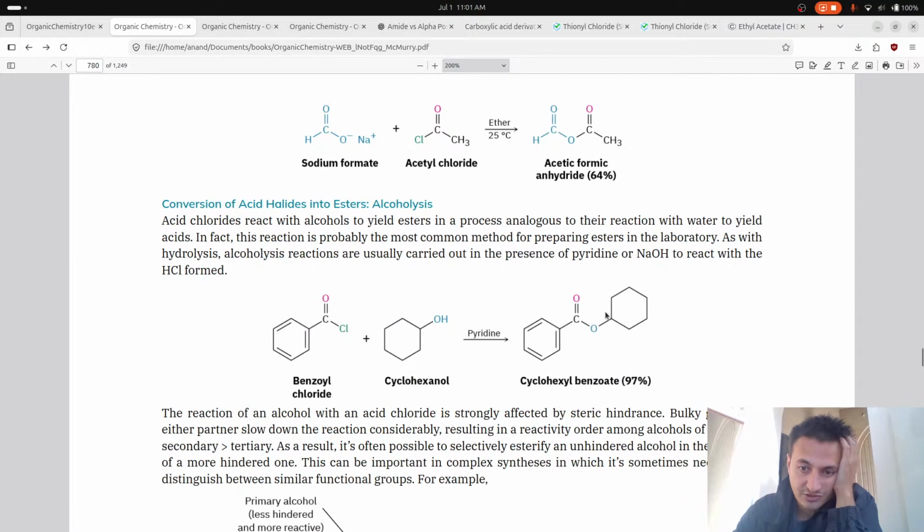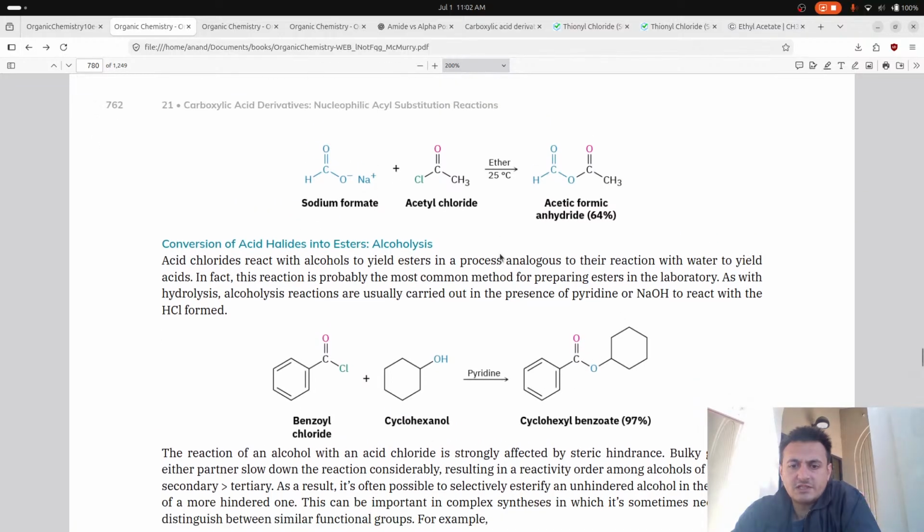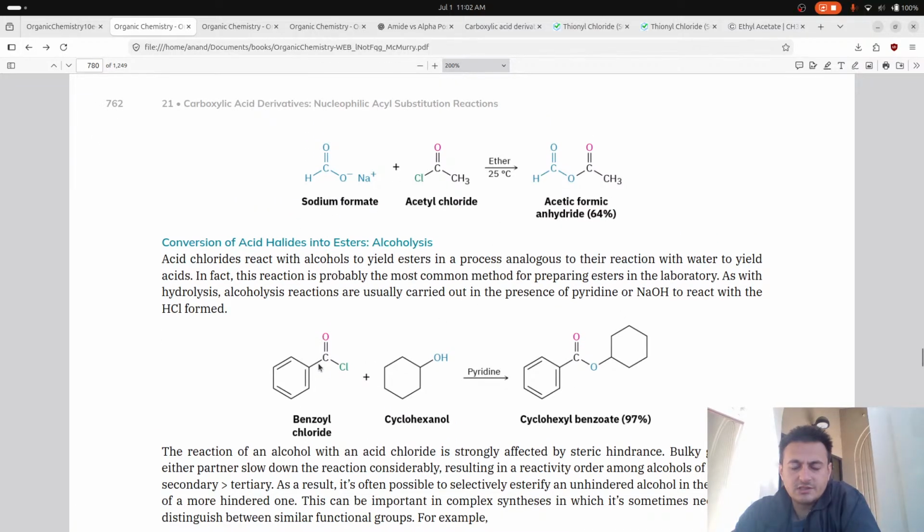Didn't they literally show this though? In this case, they literally show the synthesis with an acid chloride.